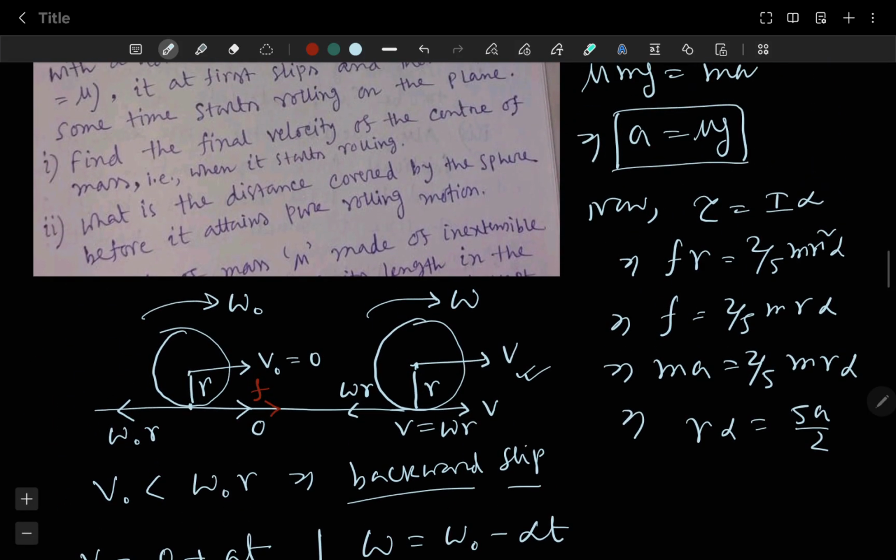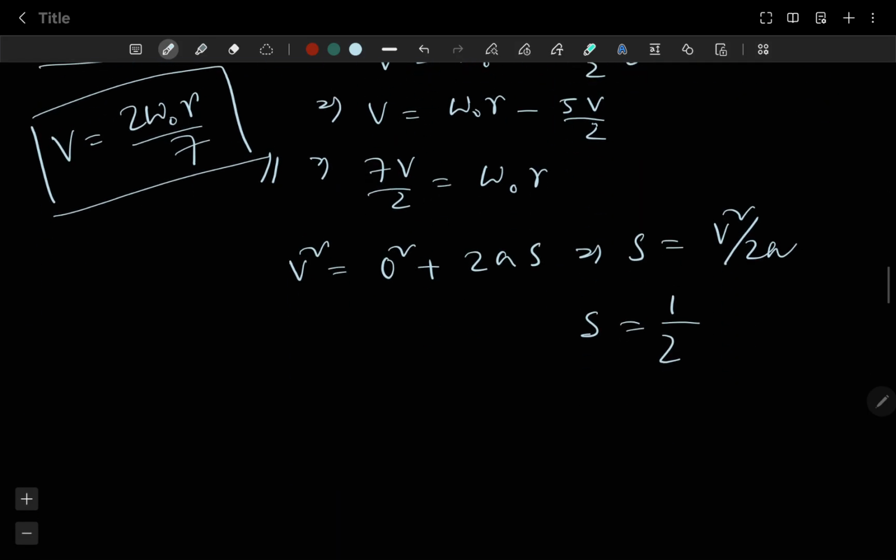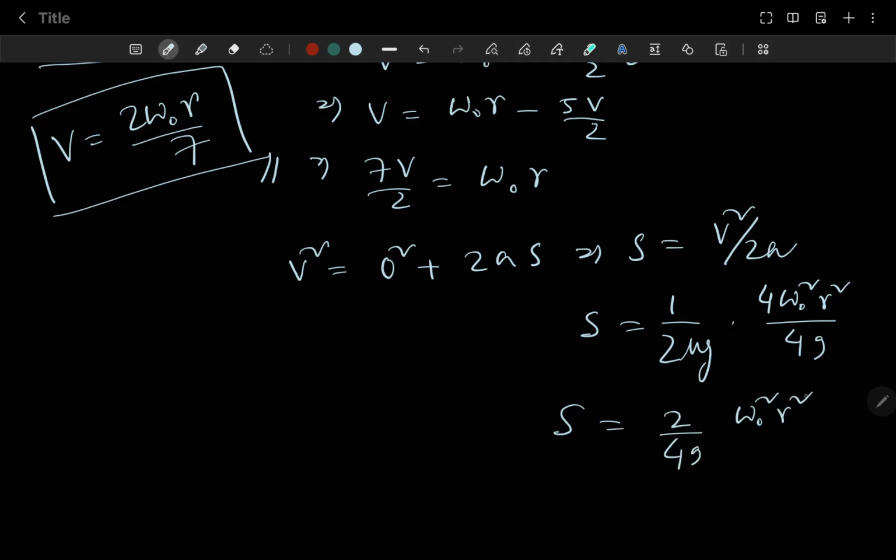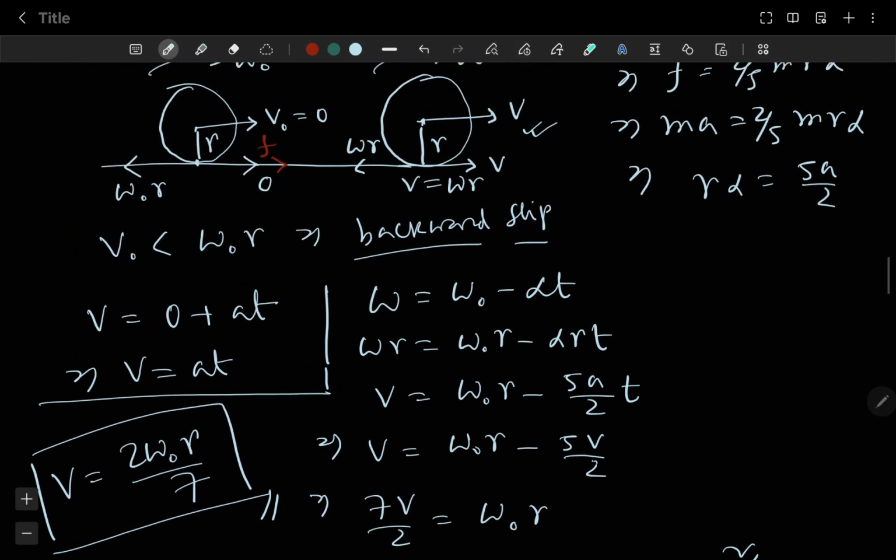Acha, a is mu g, right? So put mu g, and v square is 4 omega 0 square r square by 49. Okay, so the displacement is 2 by 49 omega 0 square r square by mu g. Okay, so it becomes like this.